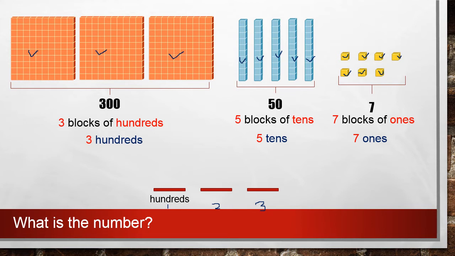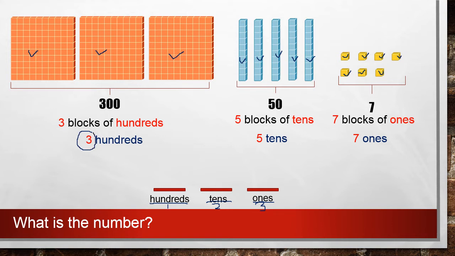So this is hundreds place. The second one represents tens. So this is tens place. The third one represents ones. This is ones place. So we have to write the number according to its own place.